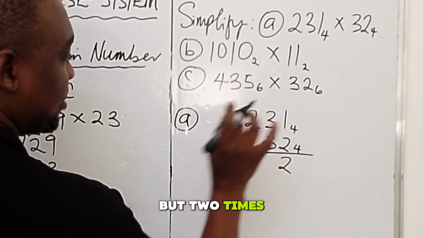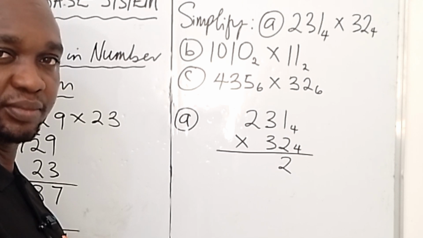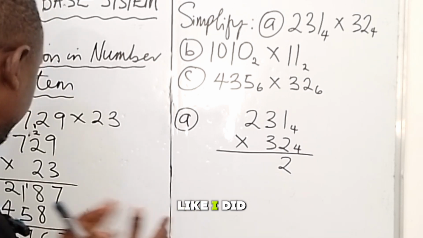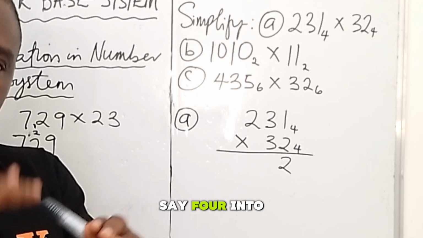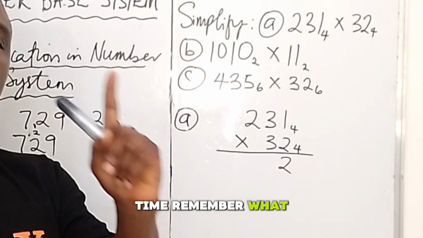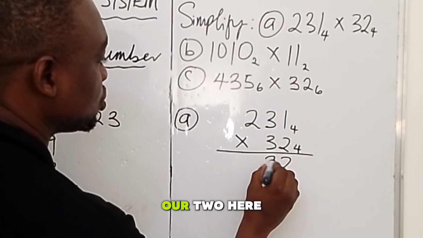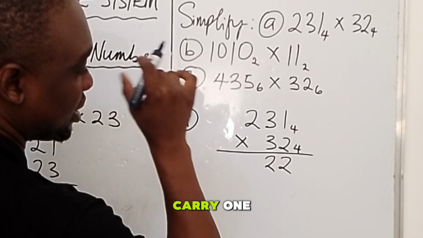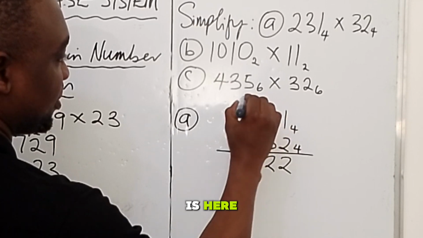But 2 times 3, my dear students and viewers, is what? 6. We are counting in base 4. Like I did earlier here, you will say 4 into 6 is 1 time, remainder 2. So we have our 2 here and we carry 1, and that 1 is here.